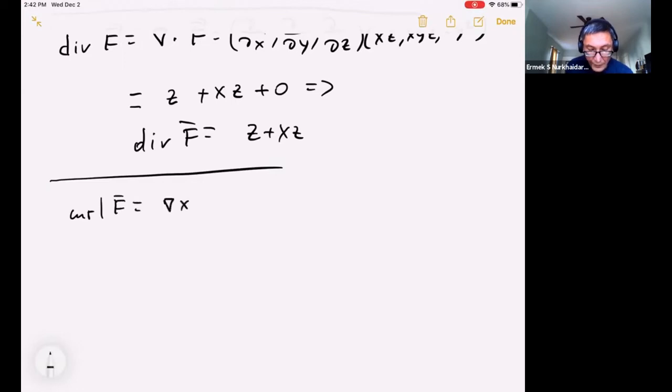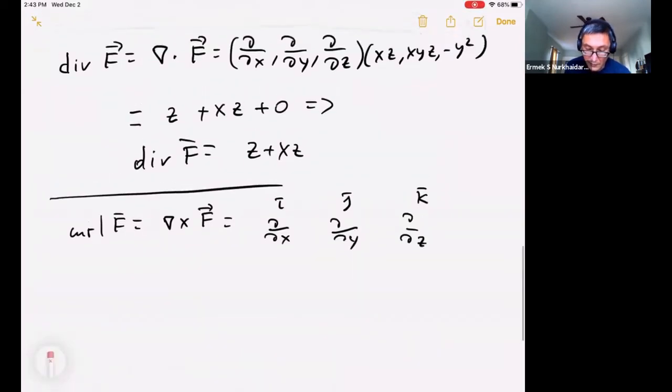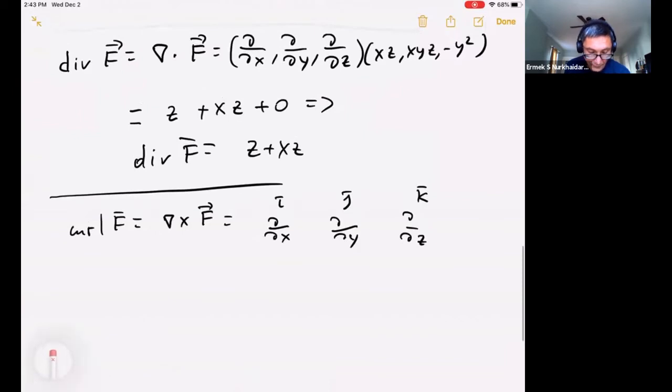For curl, it's gradient cross f. So it's i, j, k, partial derivative with respect to x, partial derivative with respect to y, and our vector function is xz, xyz, negative y squared.